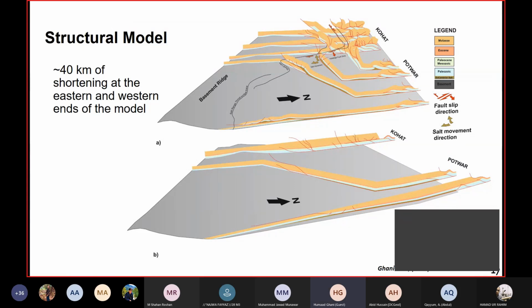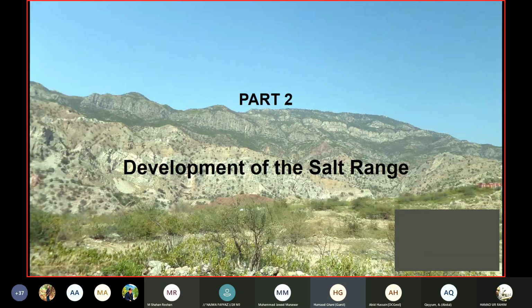So the structural style is different, but the magnitude of shortening is the same, which gives really new insight into how the same magnitude of shortening is accommodated through different structural styles.